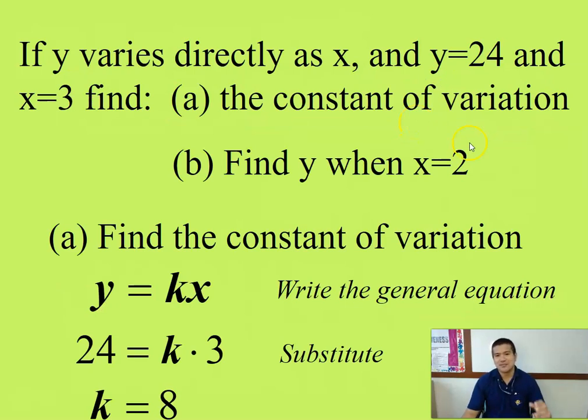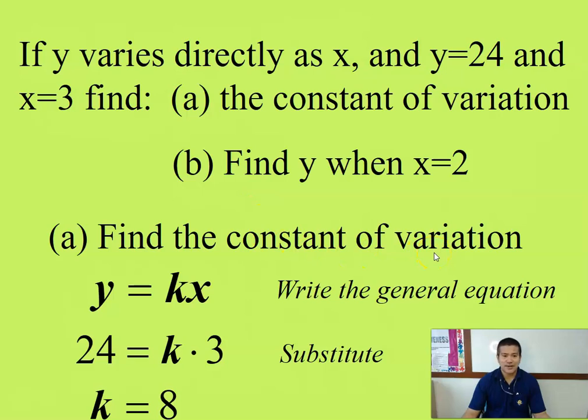Okay, let's try some examples. For example, if y varies directly as x, and y equals 24 when x equals 3, find the constant of variation and find y when x is 2. First thing you will do is find the constant of variation.